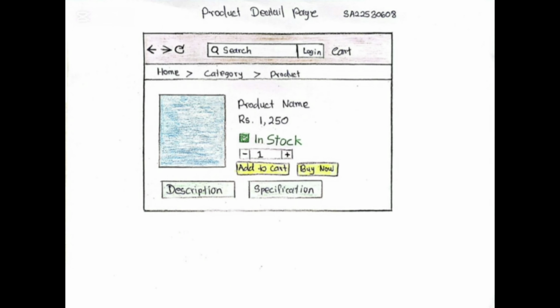The Add to Cart button is made larger and more visible to improve user interaction. Additional information is organized into tabs to reduce clutter. This design improves hierarchy, readability, and interaction, following principles of visibility, consistency, and accessibility.